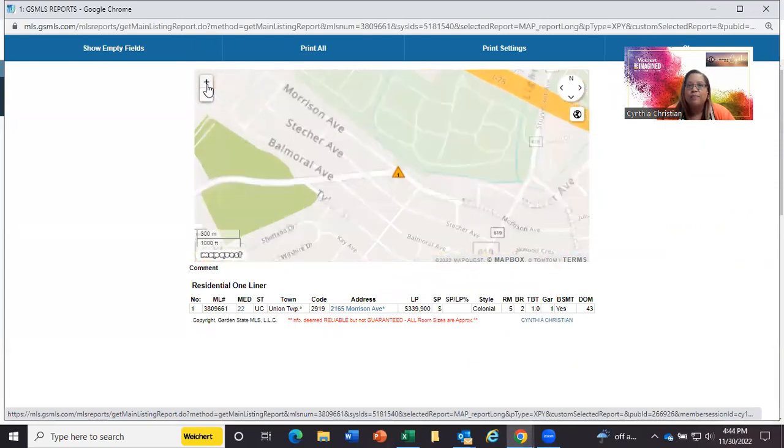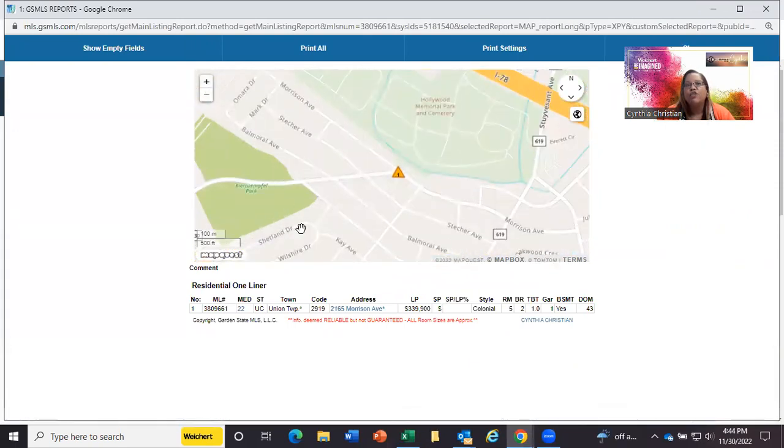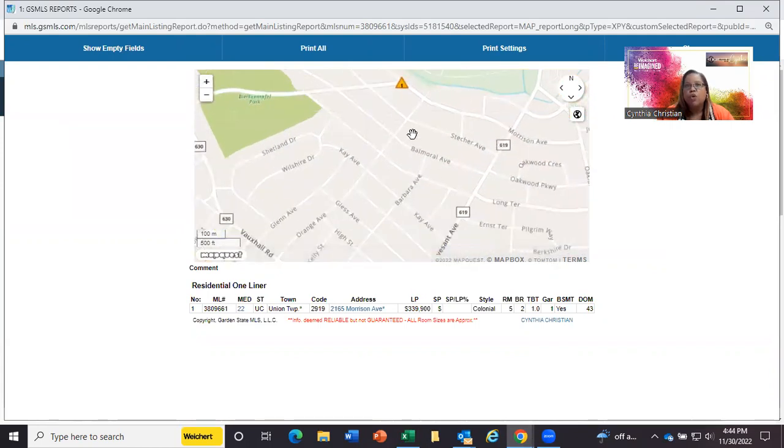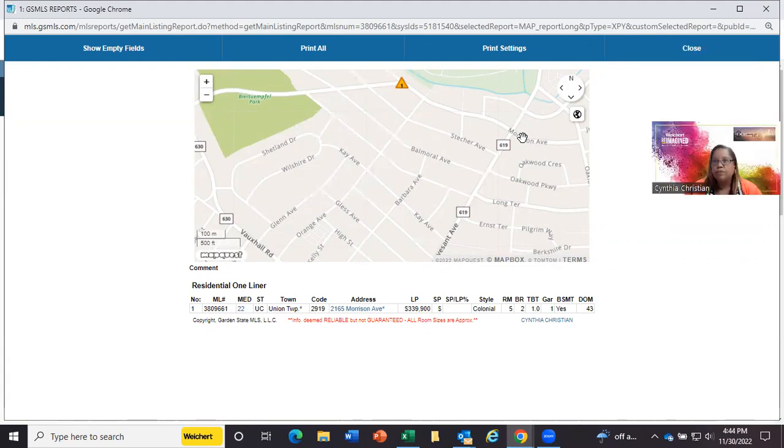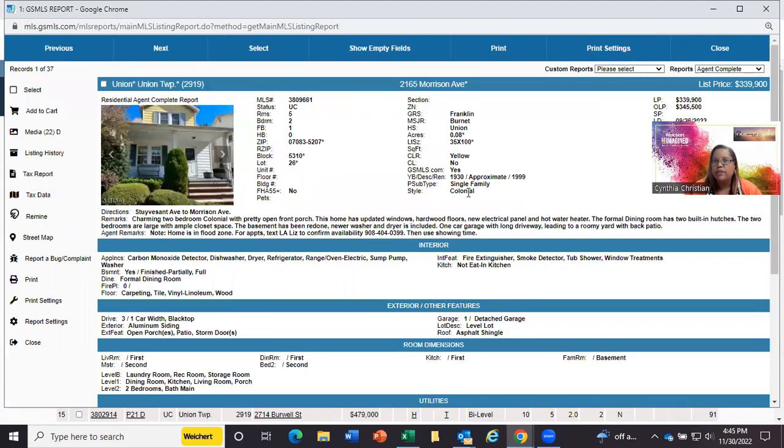You're going to zoom in and find the streets that are the nearest to the street that the house you are listing is on. So I would pull up all of these streets, and then what kind of house is it? If your house that you are listing is a colonial, I'm looking more to see if I can find colonials on those streets.